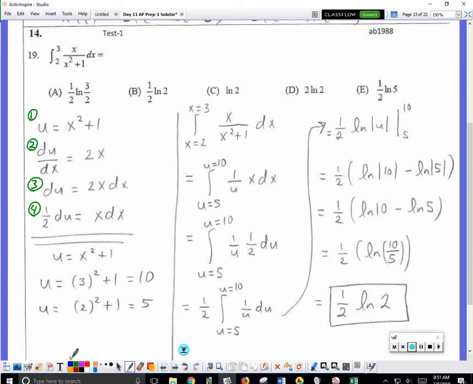Over that property of natural logs that makes it right.